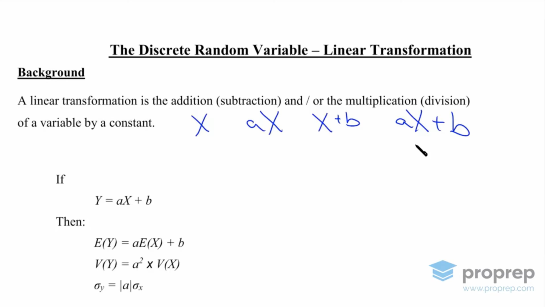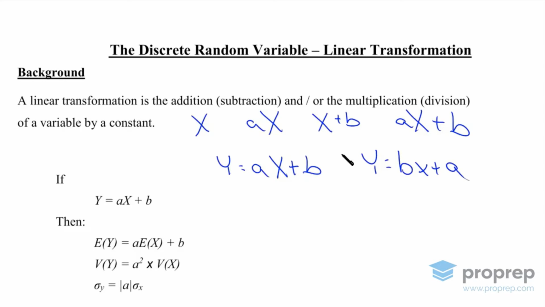Now, having done that, we don't have x anymore. We have a linear transformation of x. So let's call this transformation y, and y would be ax plus b. Now, some of you may have seen y equals bx plus a.